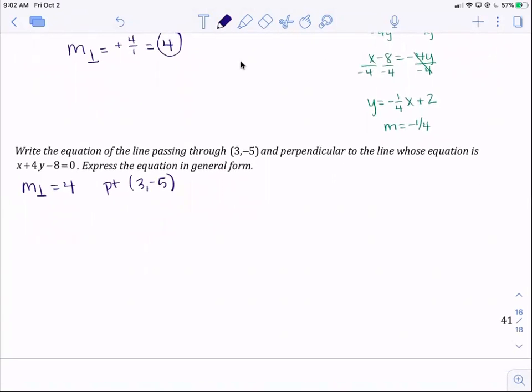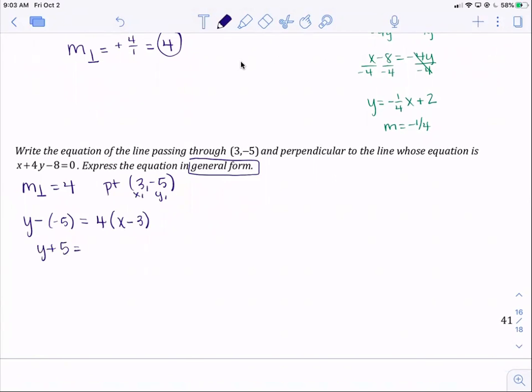So we plug into point slope form because we want to eventually get to general form. So we're going to have y minus our y1, which is -5, which equals our slope of 4 times the quantity x minus 3. Y minus -5 is the same thing as y plus 5.